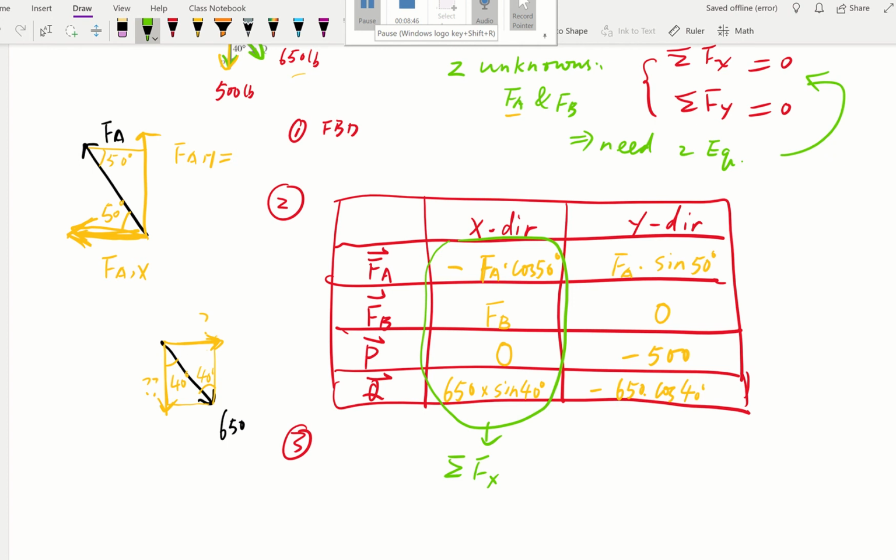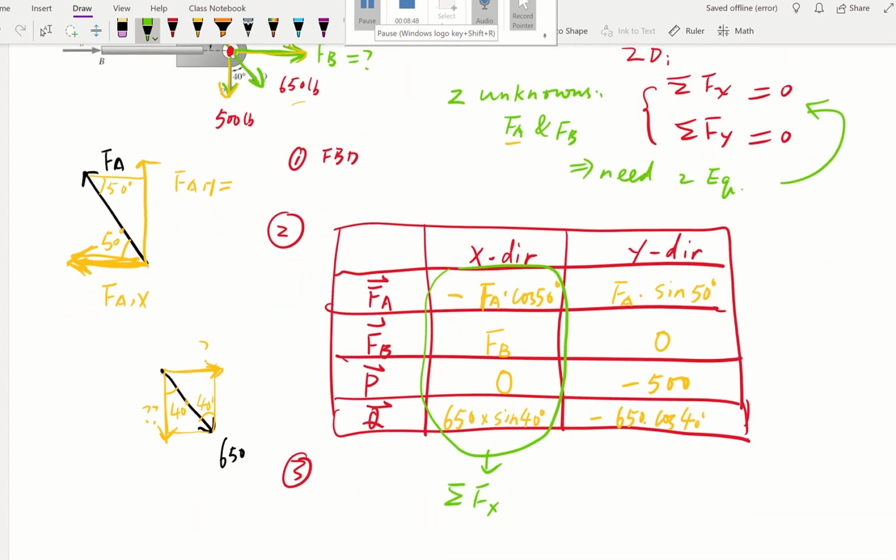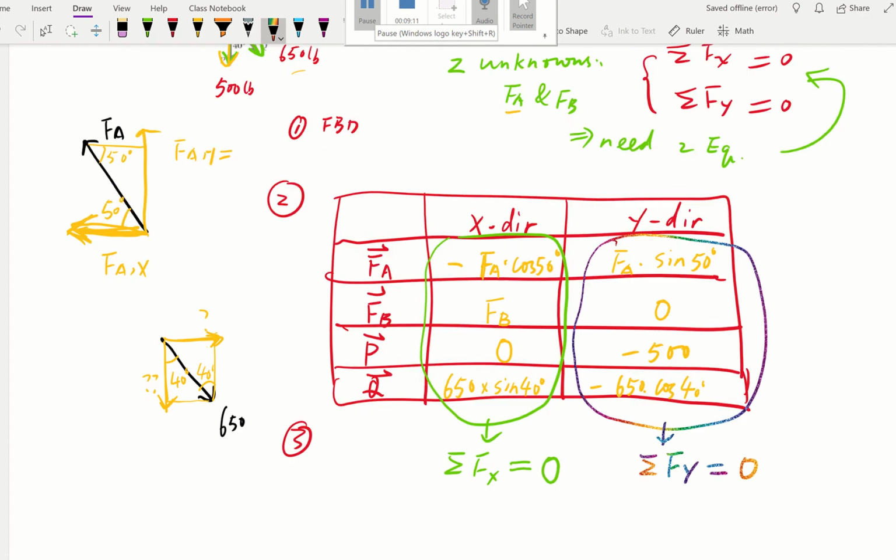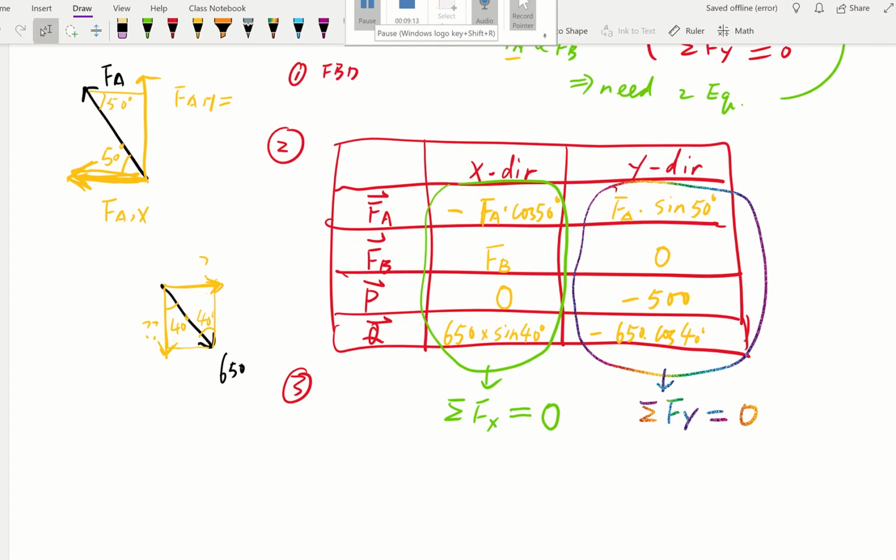But now, since we are looking at equilibrium, we know this has to equal 0. Same thing here. If we sum up all the y direction, all the forces' y components added together have to be equal to 0.